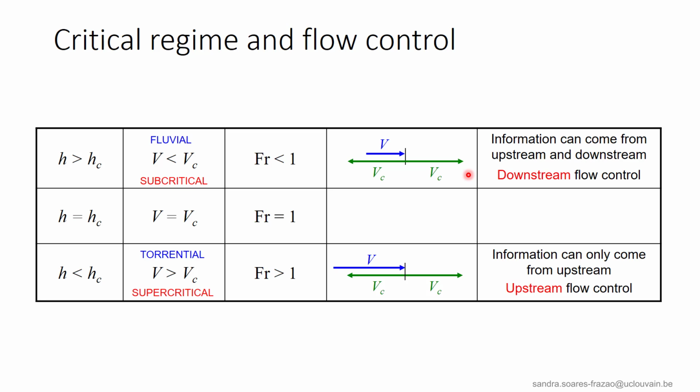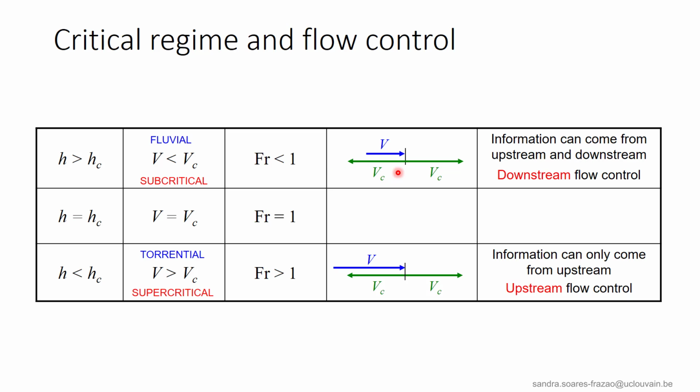Therefore, the flow is said to be controlled by the downstream condition. This means that if something happens at the downstream end of the flow, like a gate that is moved or a change in the downstream level, this information will be able to travel in the upstream direction and influence all the flow.